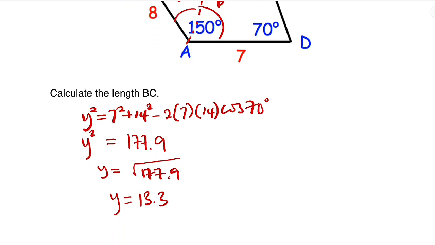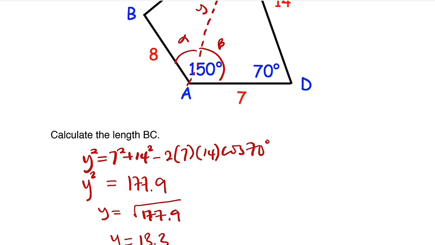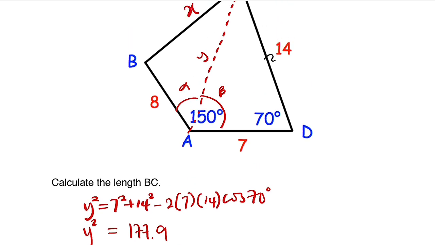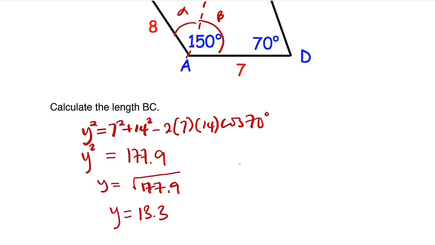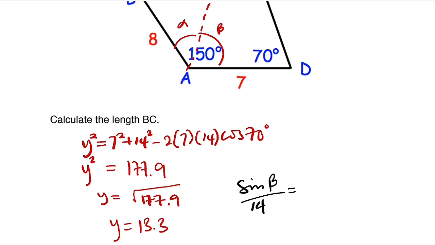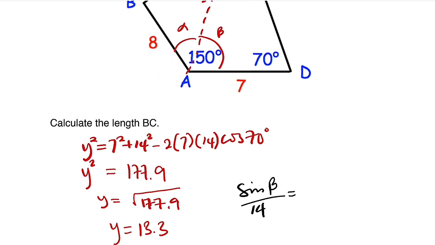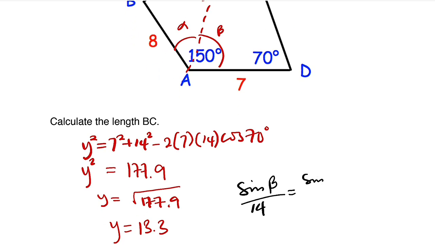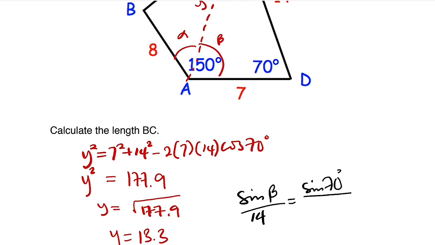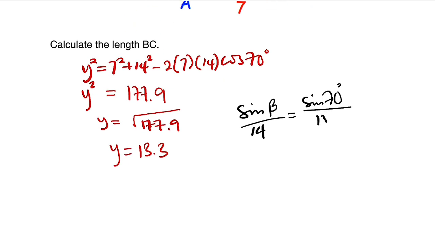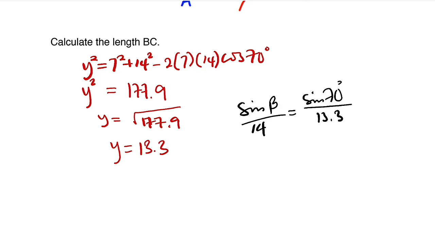So let me find beta. I can say that sine beta over 14 is equal to, since I have y, sine of 70 degrees divided by the side length which I have just obtained, which is y, 13.3.